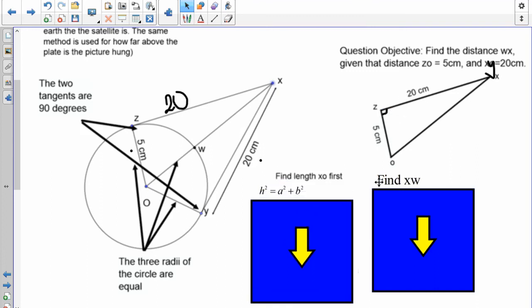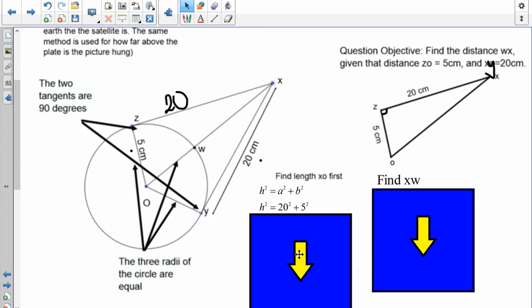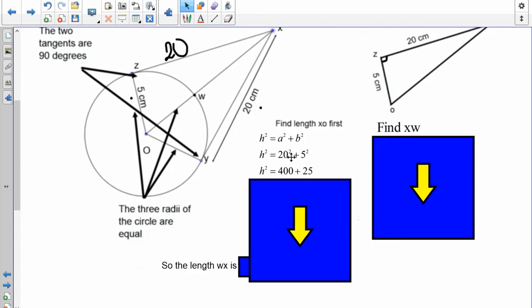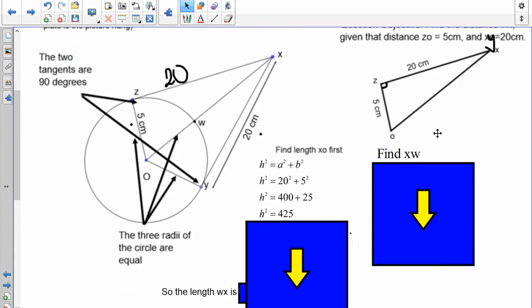So here's my formula. H squared is equal to A squared plus B squared. Putting in the numbers, 20 and 5. That's 400 plus 25. Now, remember we square before we add. So when you put those two together, you get 425. So that means that this one here is going to be the square root of 425.